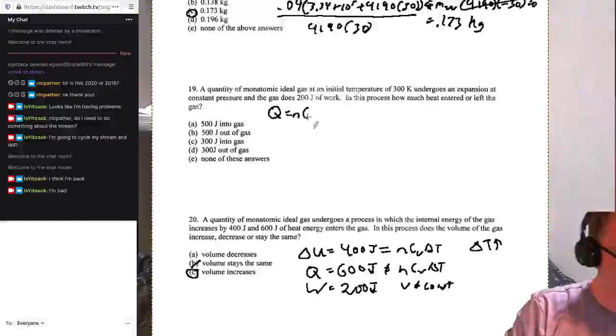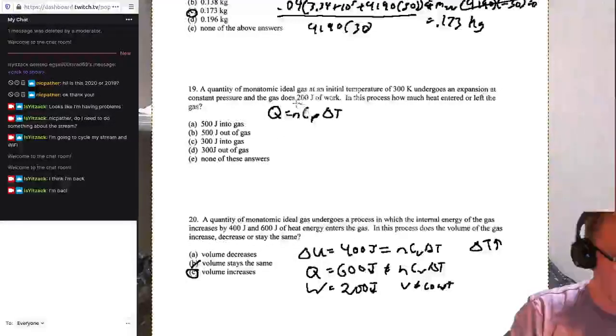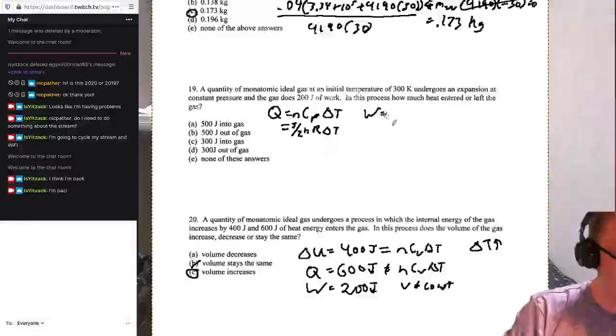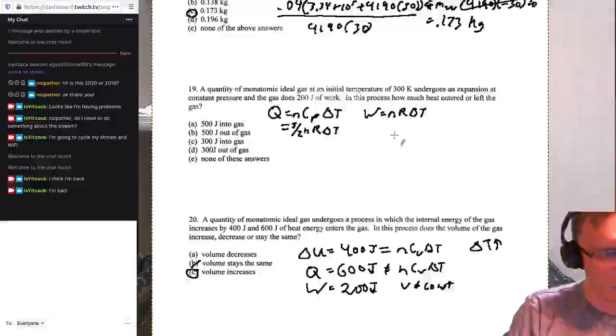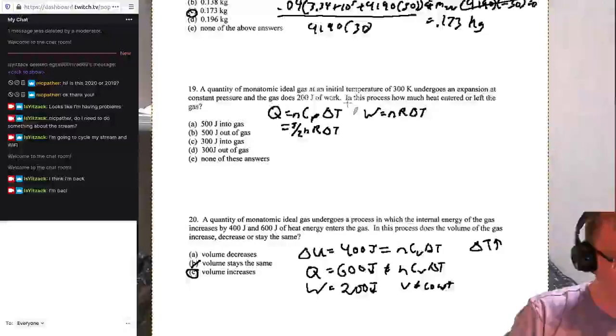Q is nCP delta T. Because this is monatomic, CP is 5/2 R, and the work is nR delta T. In this process, how much heat has entered or left the gas?